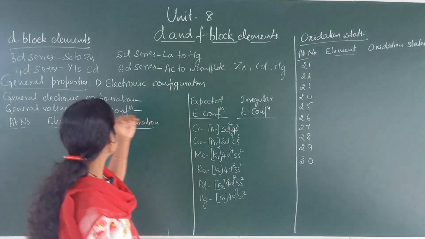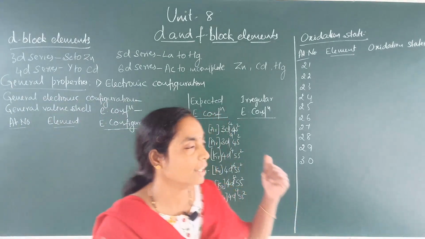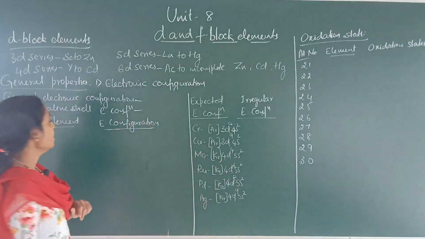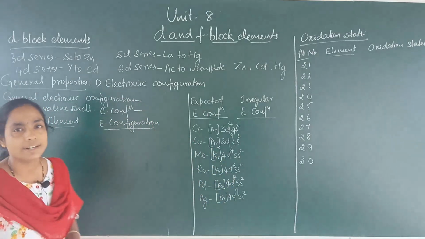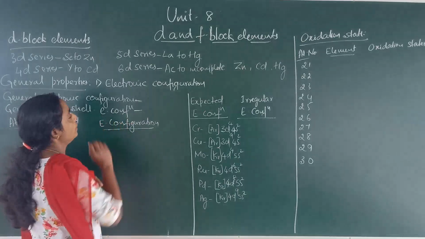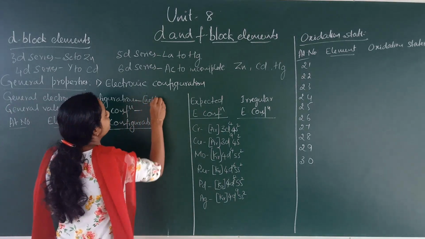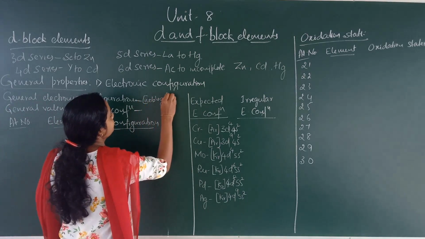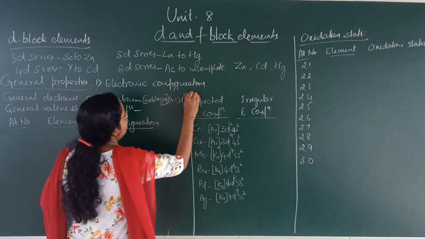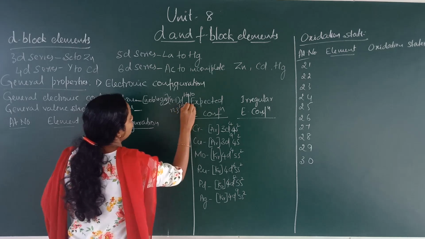Next we have to study the general properties of these D block elements. First we will consider electronic configuration. When we consider electronic configuration, first we have to concentrate on the general electronic configuration. The general electronic configuration of D block elements is noble gas (n-1)d 1 to 10 ns 1 to 2.